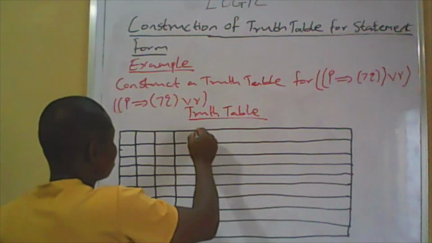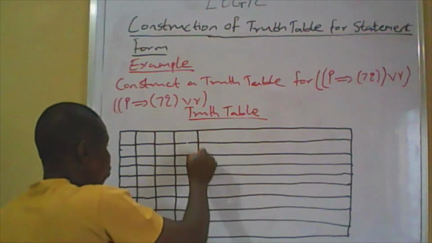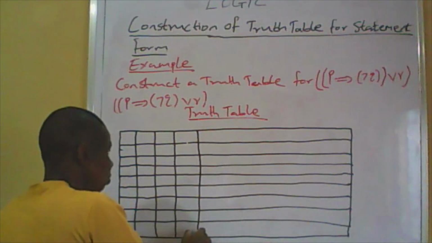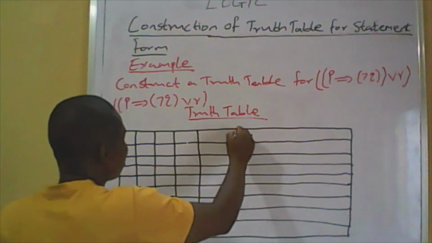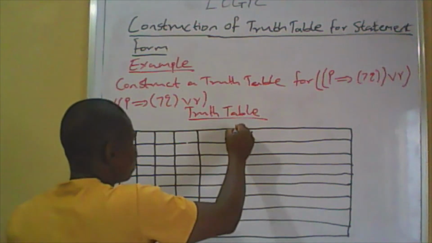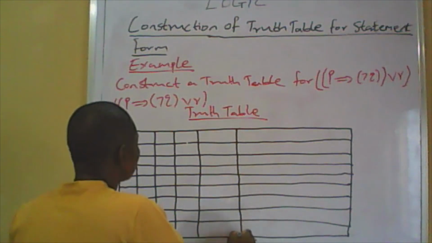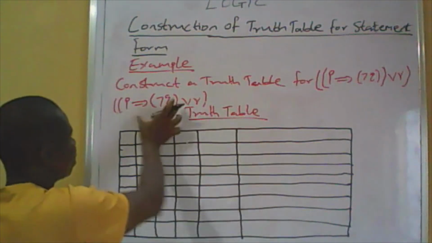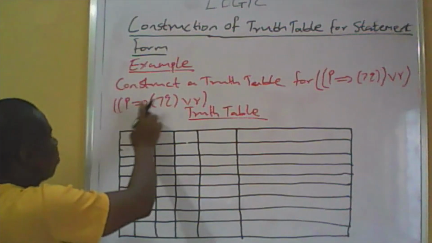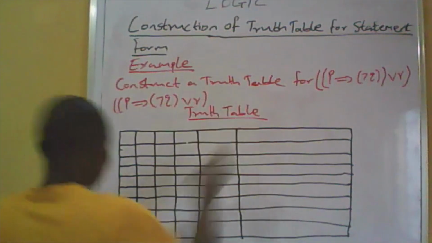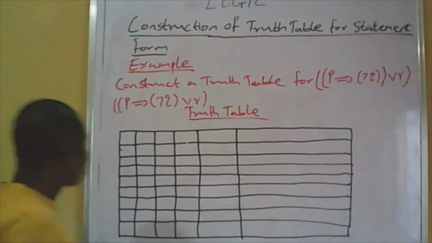We create one for not Q, one for P implies not Q, then the remaining one is for the whole statement, that means P implies not Q or R.